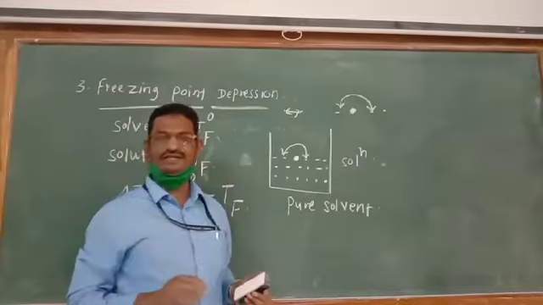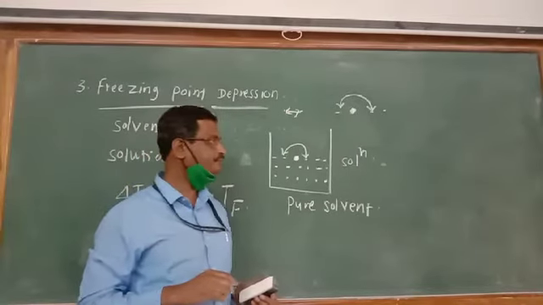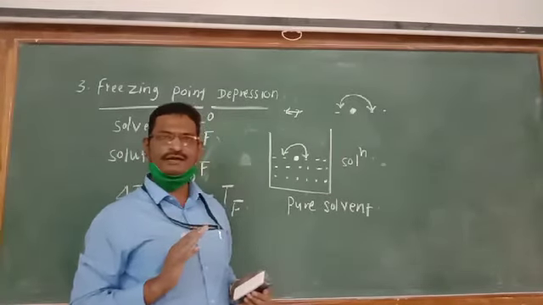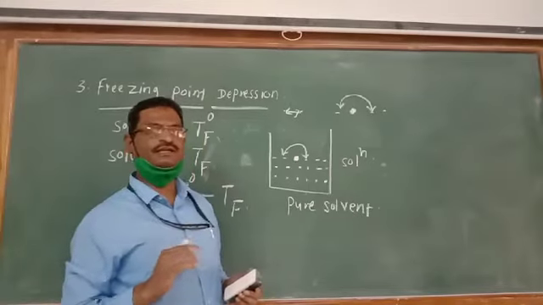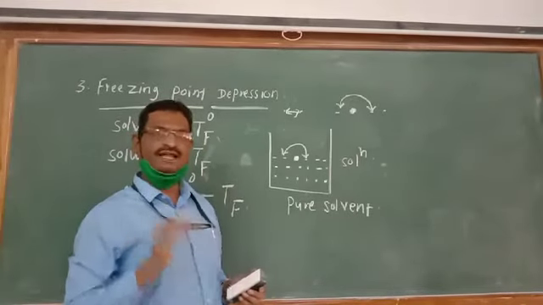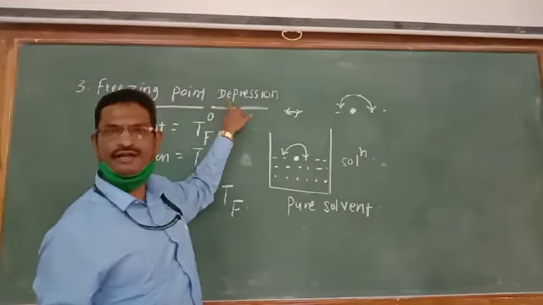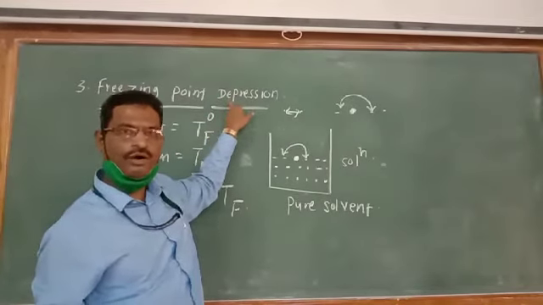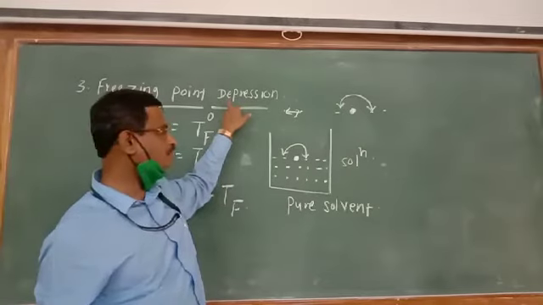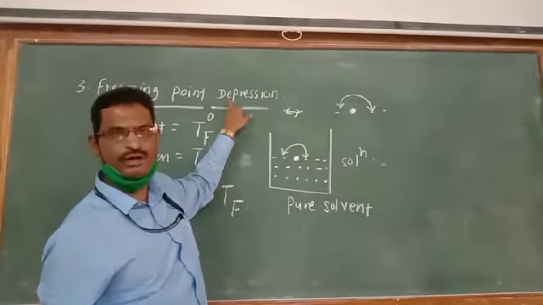And with decrease in the force of attraction, the temperature required for converting the liquid state to the solid state is less. Therefore, there is depression of freezing point whenever a non-volatile, non-electrolyte solute is added to the solvent.